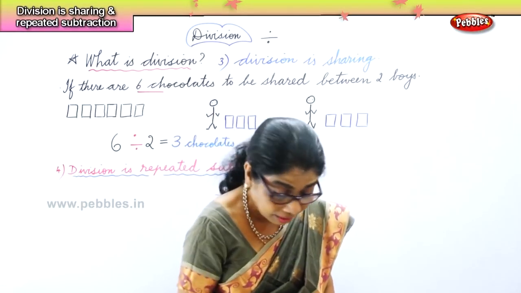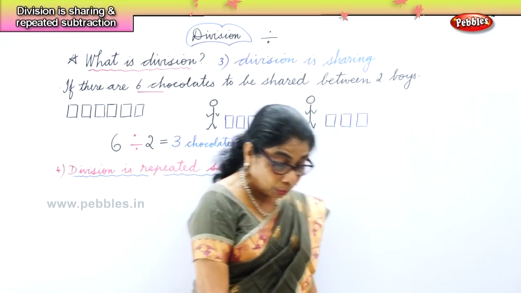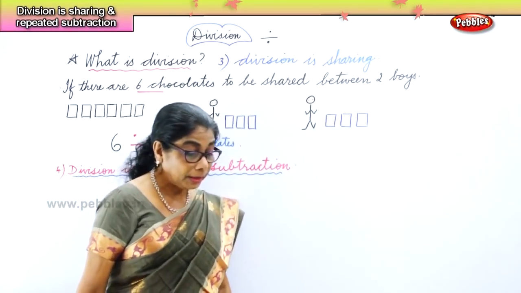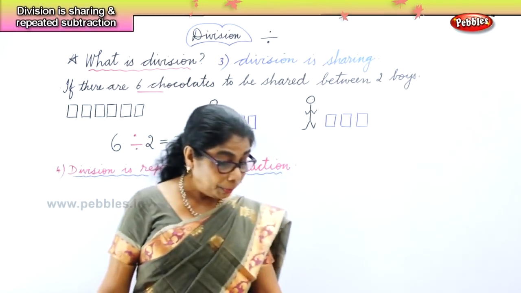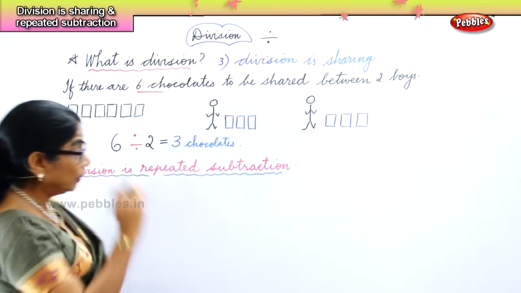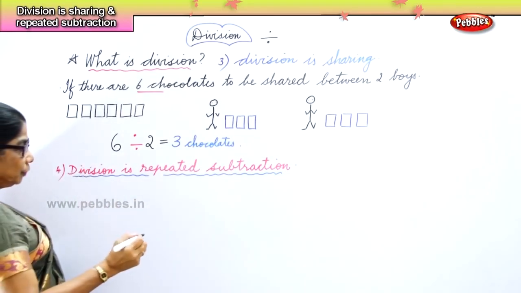Let's say there are 8 balloons. Okay? There are 8 balloons and to be shared, okay, in groups of 2.